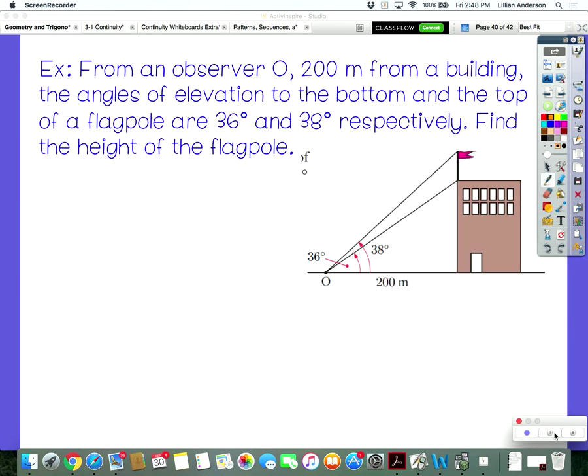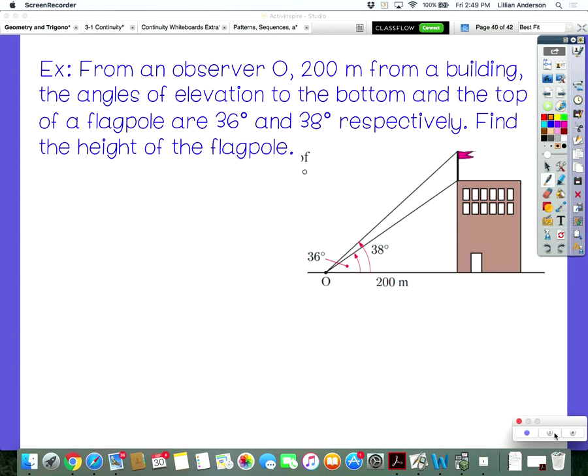From an observer O, 200 meters from a building, the angles of elevation to the bottom and to the top of the flagpole are 36 and 38 degrees, respectively. Everybody knows what respectively means, correct? It just means it listed two things, and then those angles go with those two things, in that order.